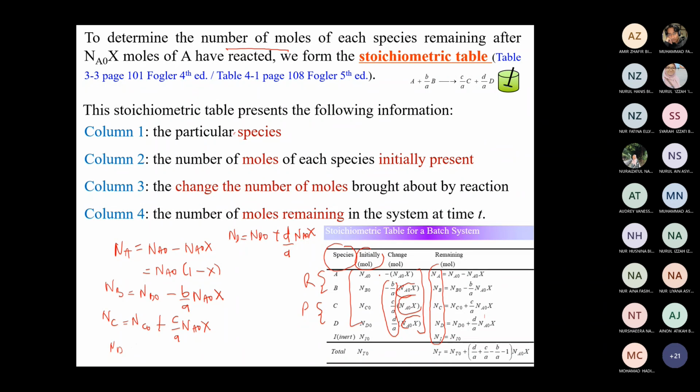Make sure your column 2 and column 3 have the correct equations. If not, you get the wrong equation on the right side here.